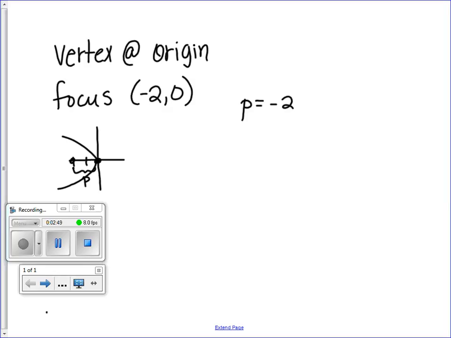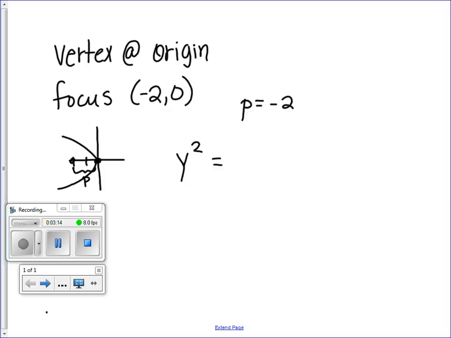So that means the y is being squared. So I got part of it right there. Y squared equals, I am so close to an answer right now. I'm just kidding. Alright, what's the standard form, or what's the form of this without any numbers at all? What does this look like? Y squared equals what?